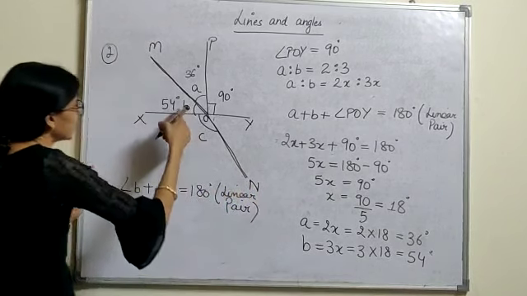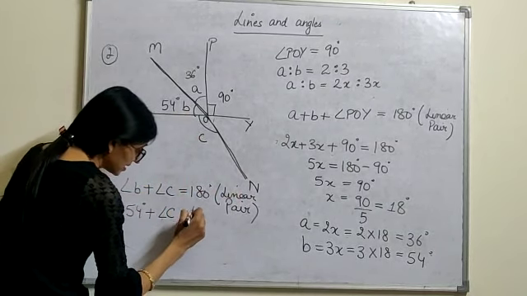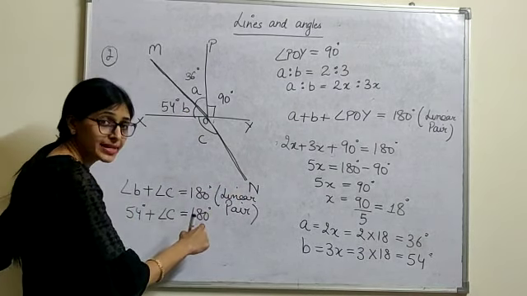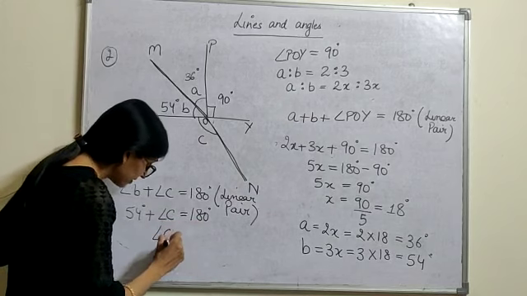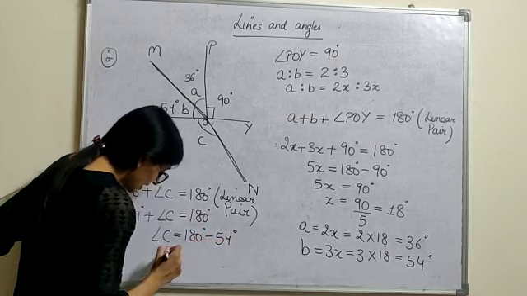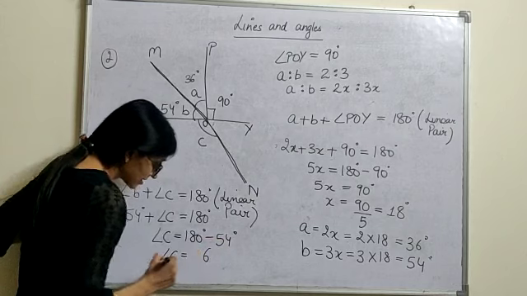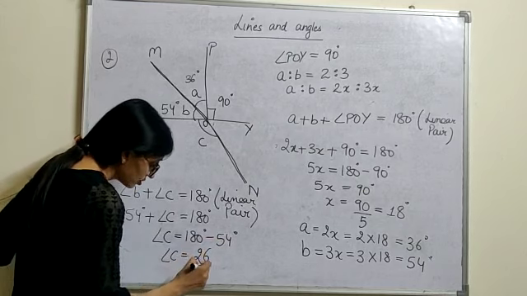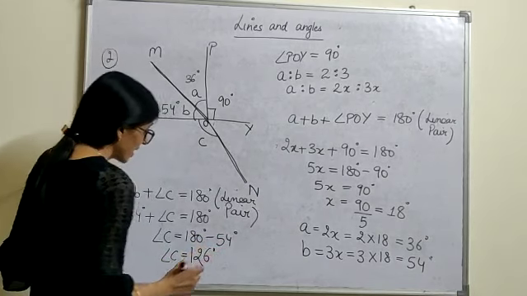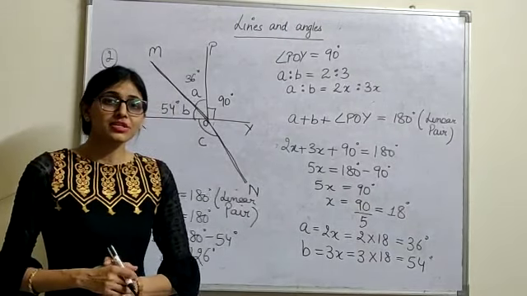We know angle B is 54, and we don't know angle C. This 54 from the left-hand side goes to the right-hand side and becomes negative. So angle C comes out to be 180 minus 54, which is 126 degrees. Okay, so in this way we have found angle C. I hope the topic is clear to you. Thank you.